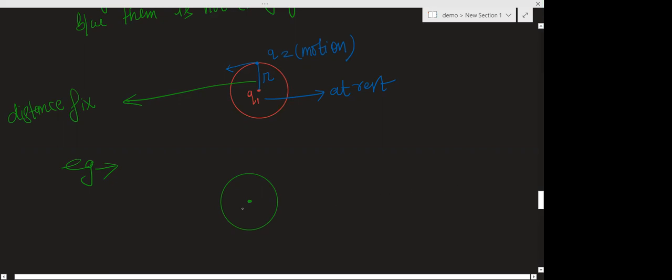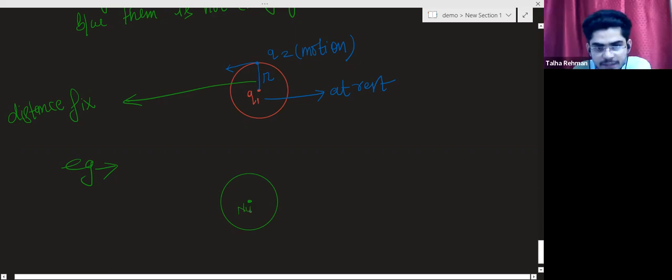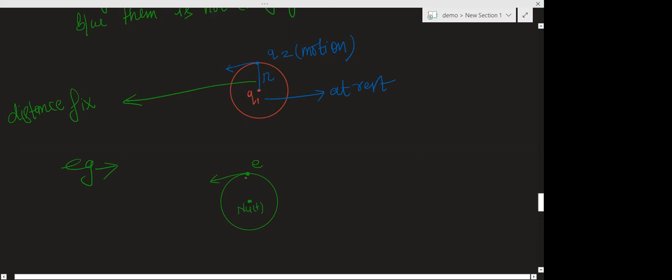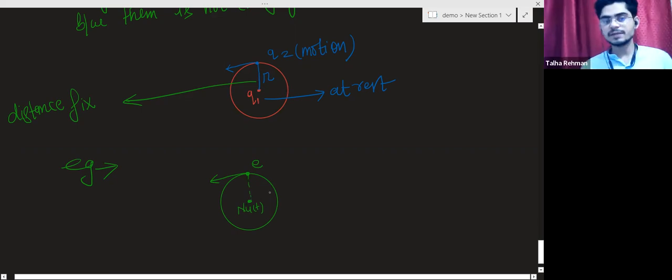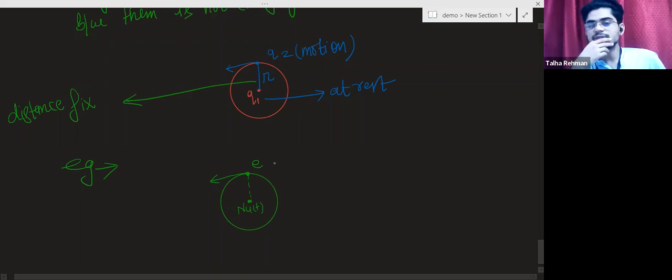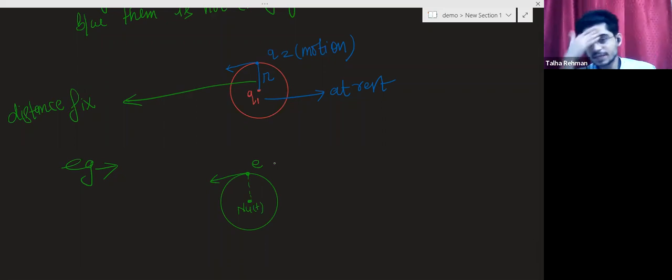Yes, sir. Here is the nucleus, and this nucleus has positive charge, and around the nucleus the electron revolves in a circle. So here we can apply Coulomb's law. Coulomb's law is valid in an atom, like in an atom, the electrons revolve around the nucleus. So here we can apply this law.